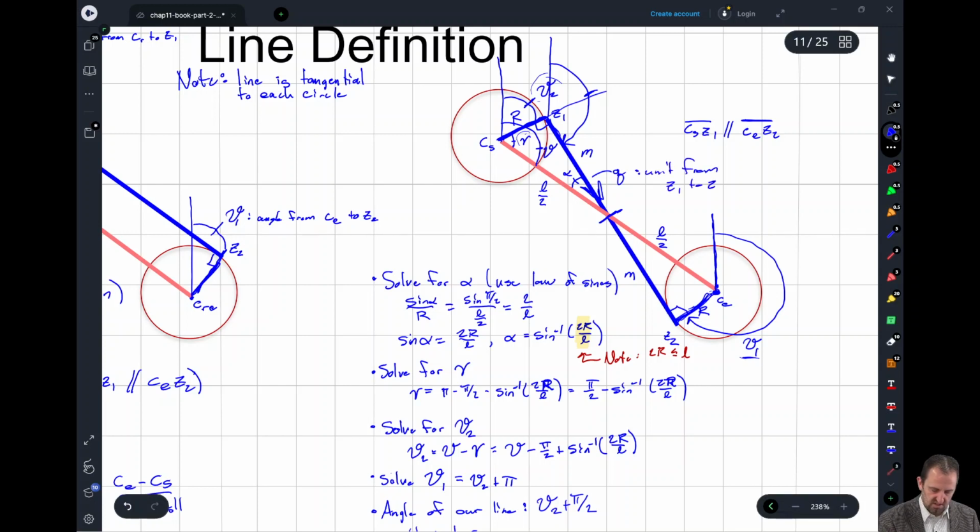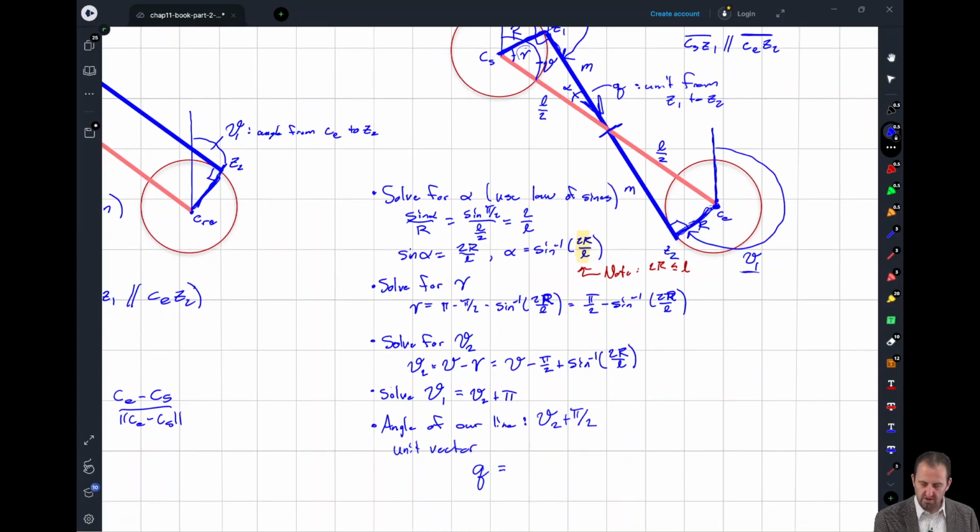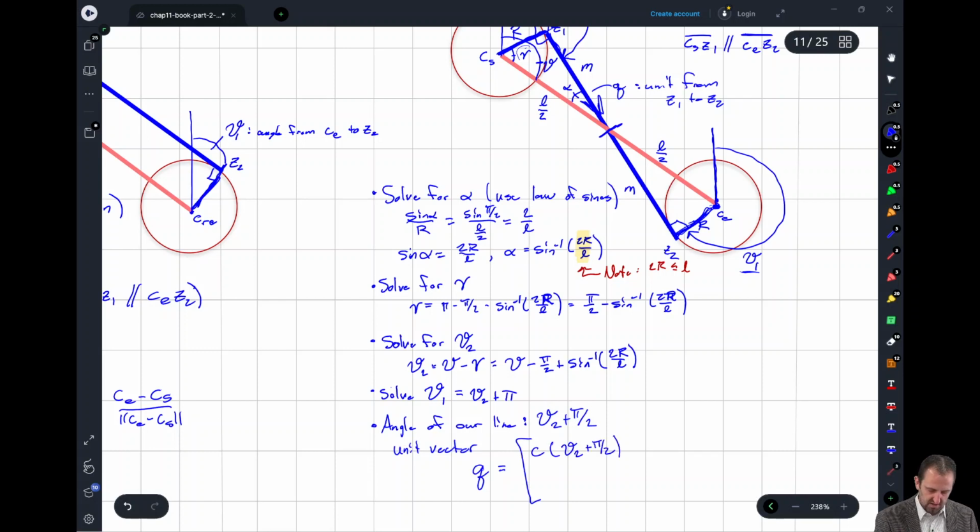Our unit vector, again, we could write as cosine of var theta 2 plus pi halves, sine of var theta 2 plus pi halves, and 0, assuming planar. So we have that unit vector.